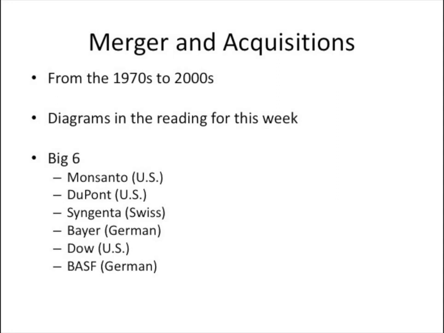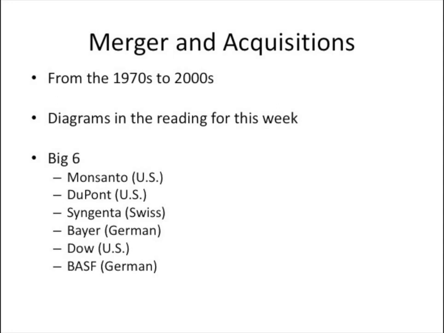Those 3 factors led to many mergers and acquisitions, so we went from hundreds of seed corn companies down to the big 6: Monsanto, a U.S. company; DuPont, a U.S. company; Syngenta, a Swiss company; Bayer, German; Dow, U.S.; and BASF, a German company. All those companies are relatively large multinational firms, and they are the ones involved in seed and, for that matter, plant protection as well.